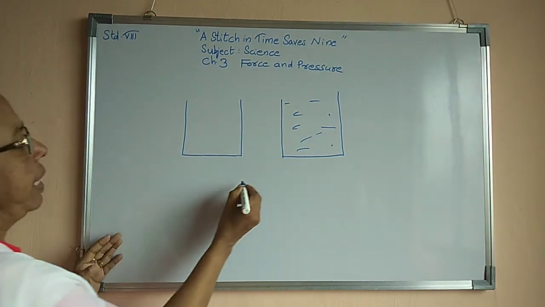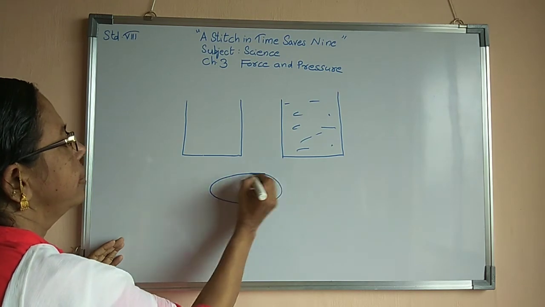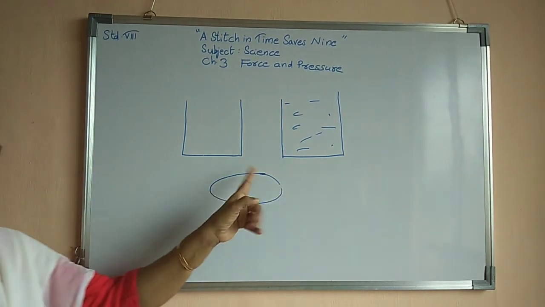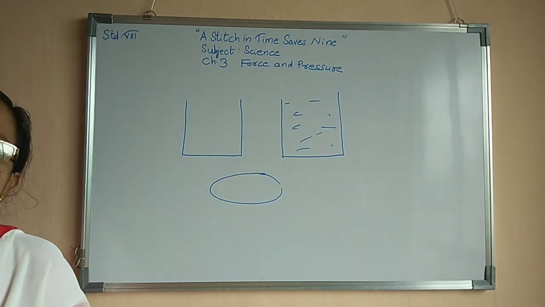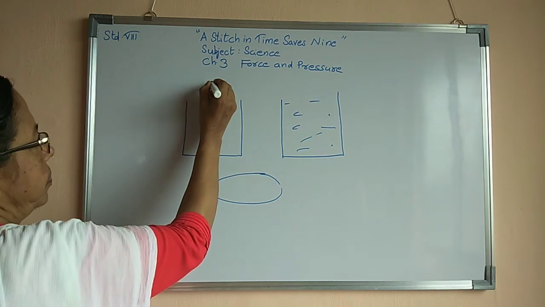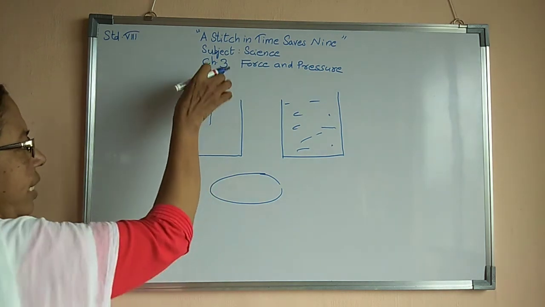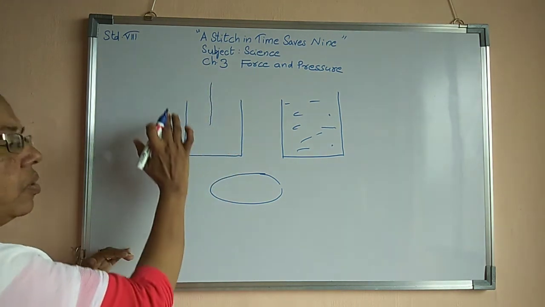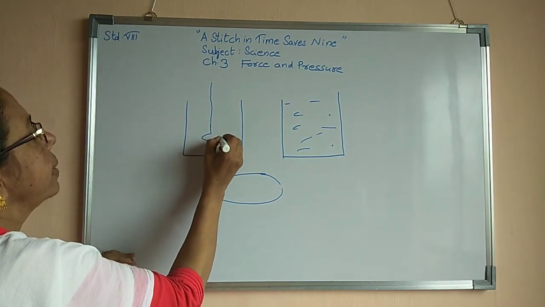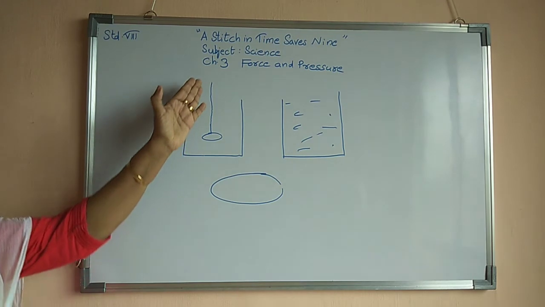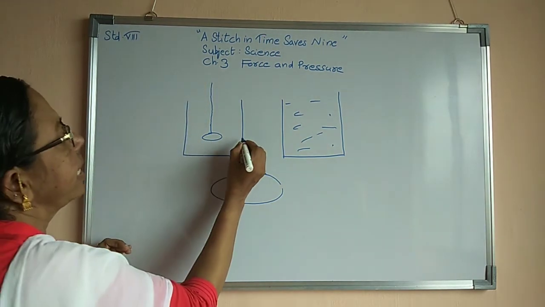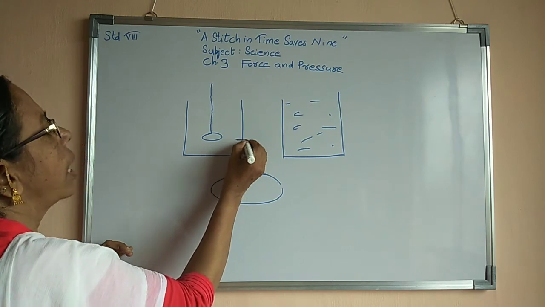Now I am taking one rubber band and cutting it. At one end I am tying a stone, the other end I am holding. I put it inside the container and you can find the stone lying in this condition. Where it is lying, that distance you have to mark and keep.